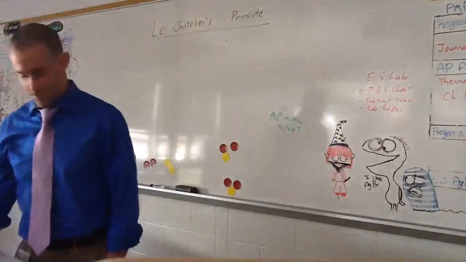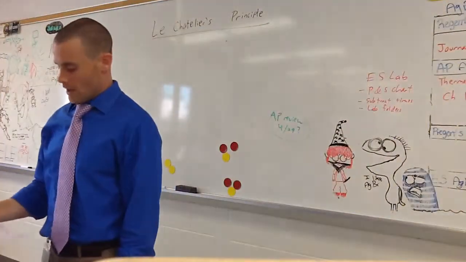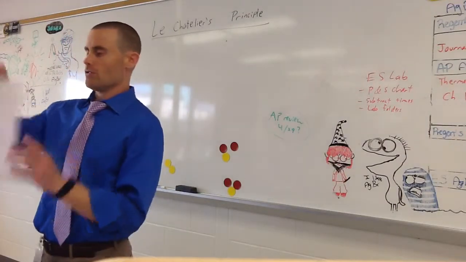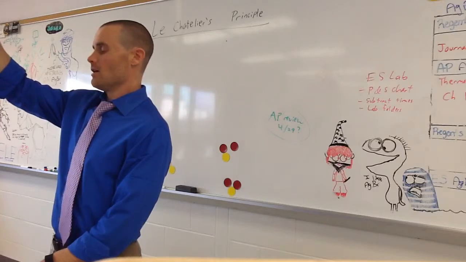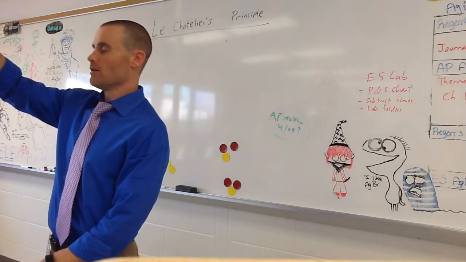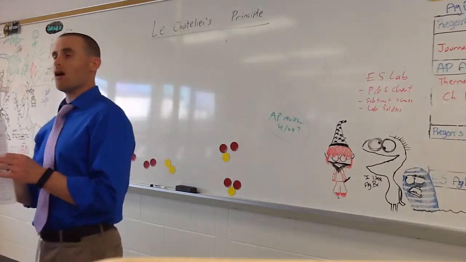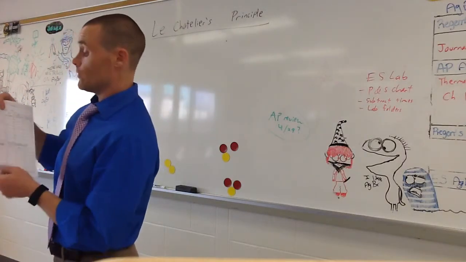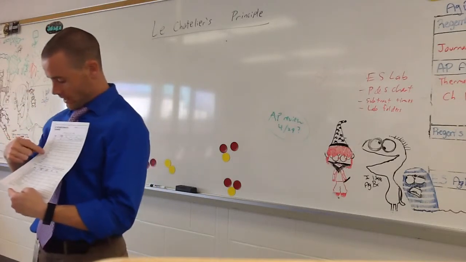So, here's the stress. Or let's talk about the homework first. Go to this side here with the 2 charts. You're going to do this whole thing between now and Friday, but just do tomorrow's part. For tomorrow, you're not going to do 7, 8, 9, 10 on the top.